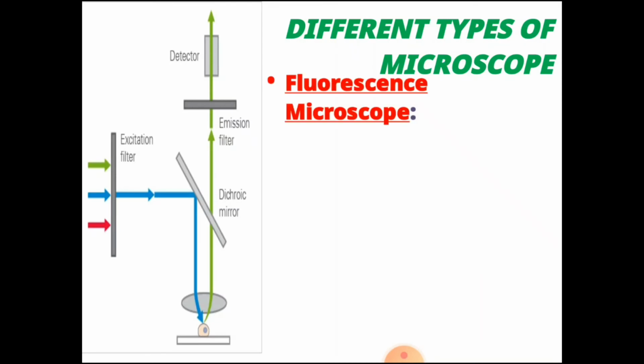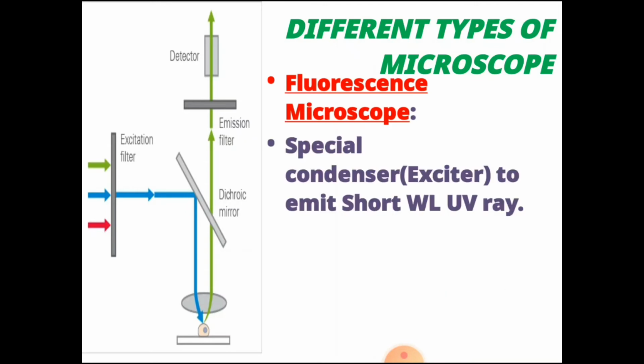This is the fluorescence microscope. A special type of condenser is used, known as the exciter, to emit short wavelength or ultraviolet rays. This one is the excitation filter.